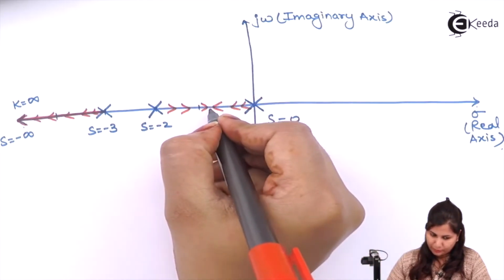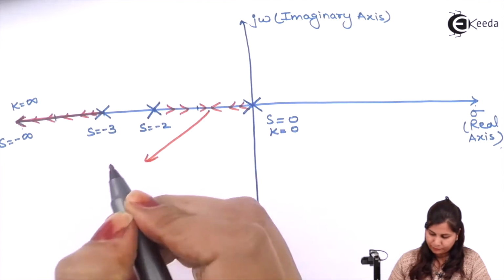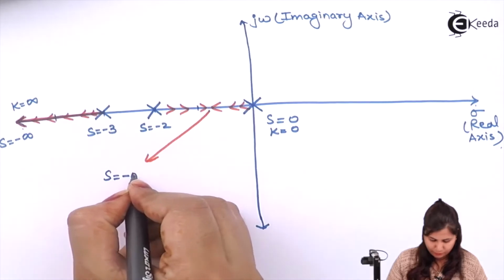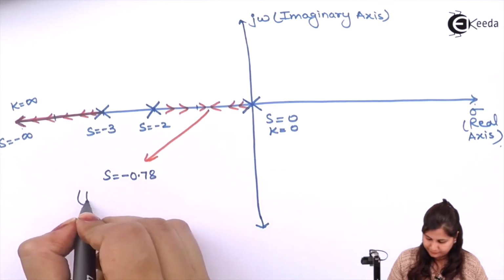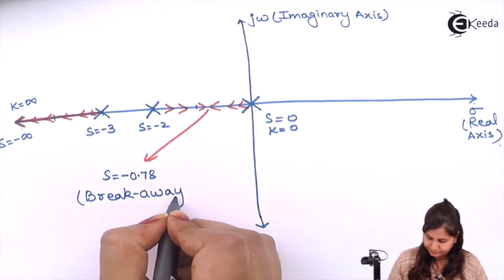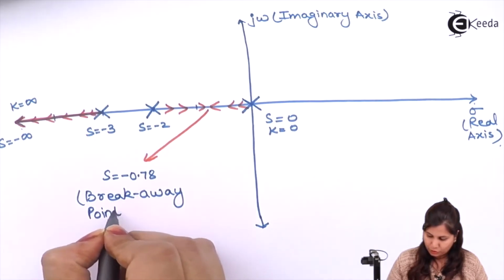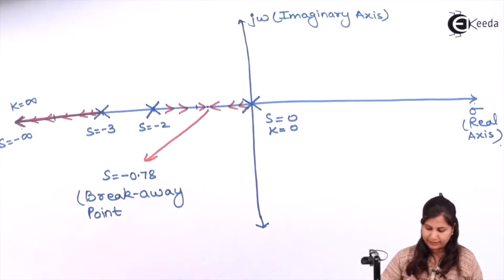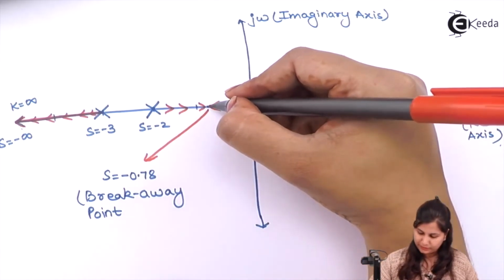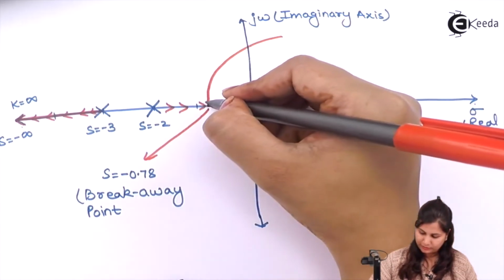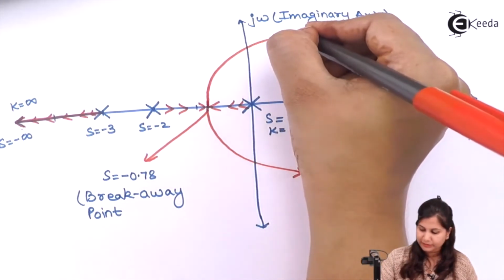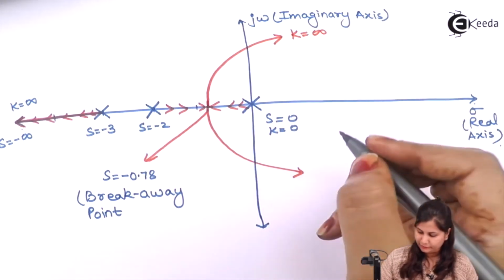So this breakaway point is what? s equals minus 0.78. This is our breakaway point. So from this point, that is minus 0.78, these two root locus will be diverging, and they are terminating at k equals infinity.